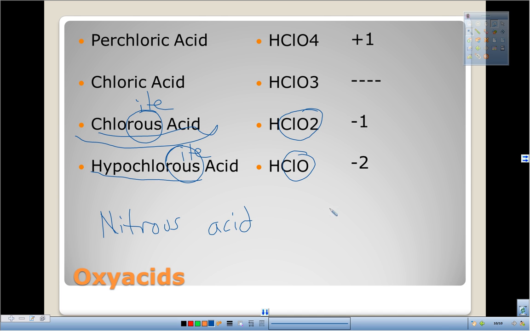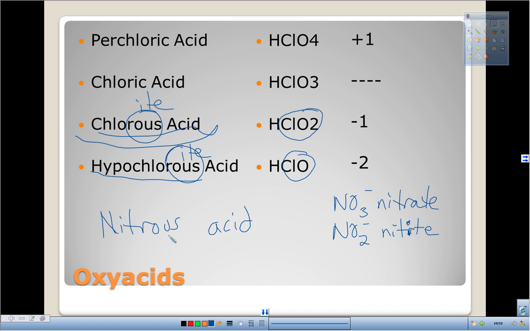If I look on a polyatomic ion sheet and I see nitrate, and I see nitrite. Oops, I never wrote that. You never saw that. Nitrite. That's an ite. Which one do I use to make nitrous acid? Desiree, which one do we use to make nitrous acid? Will is unsure. Ah, he says NO2. Do you agree?